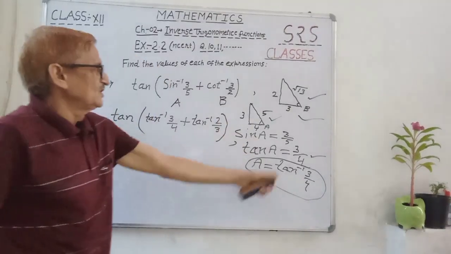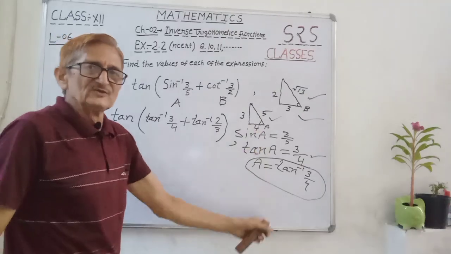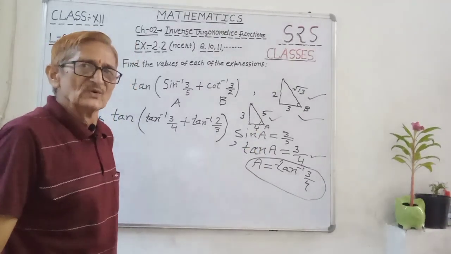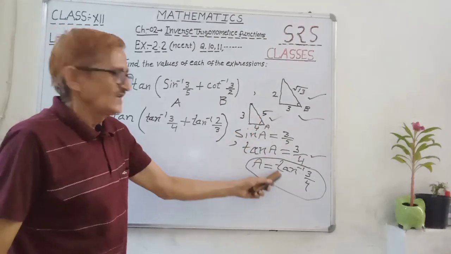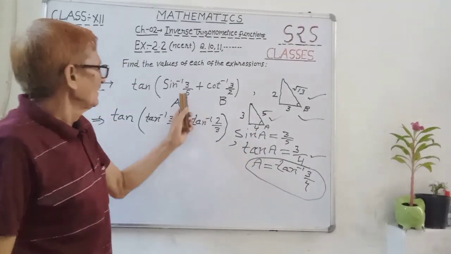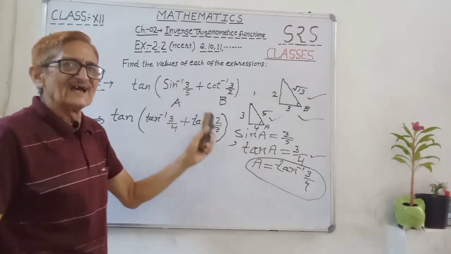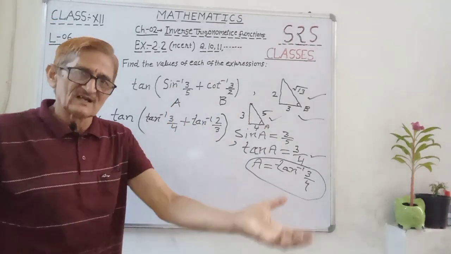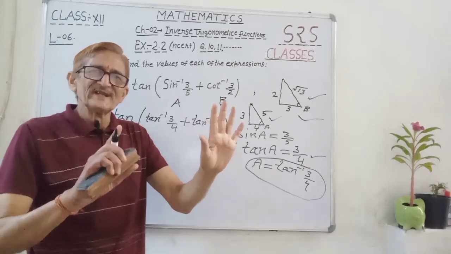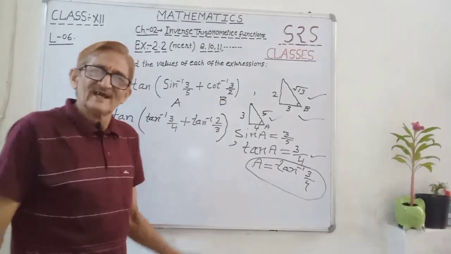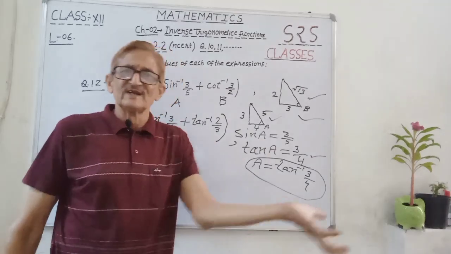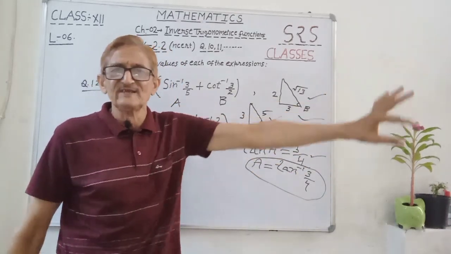I told you this because you must know this basic rule that we did in 10th class trigonometry. We can find whichever one is our requirement. Every one of the 6 inverse trigonometric functions can be converted into the other 5.